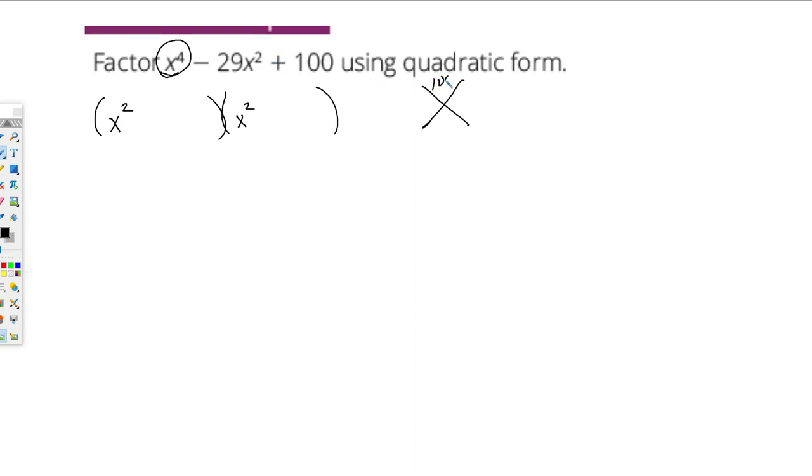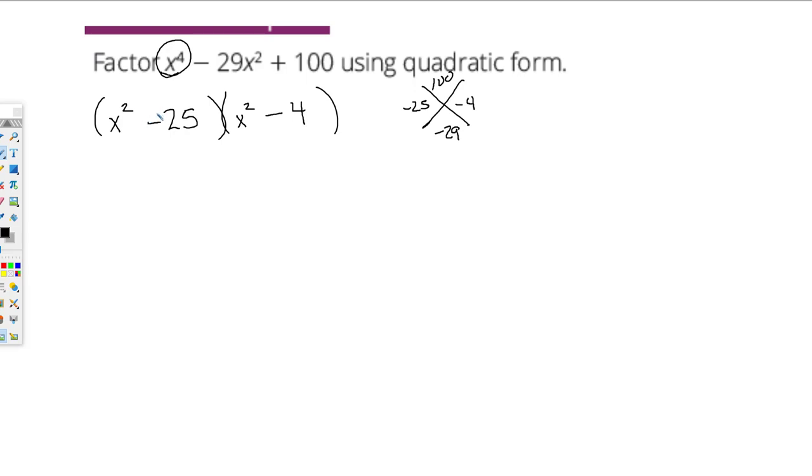Now, I want two numbers that multiply to give me 100 and add to give me negative 29. Think currency, think money. 25 and 4. So negative 25 and negative 4.